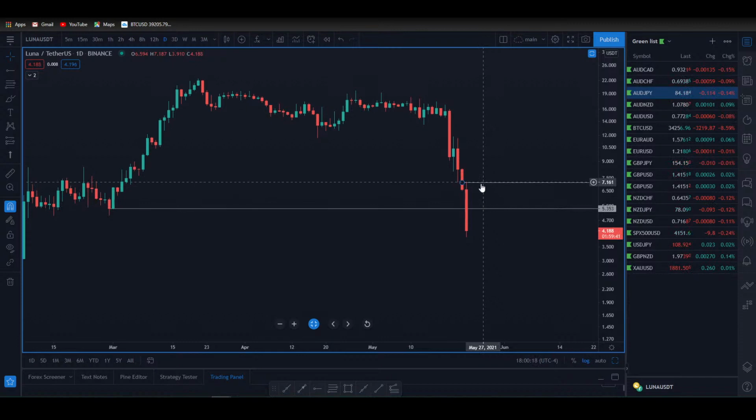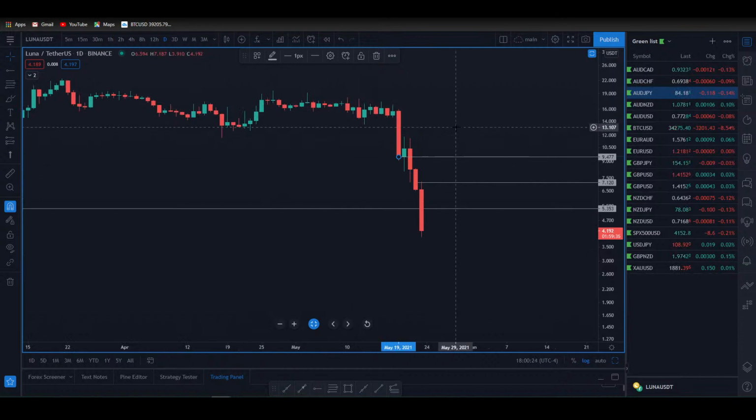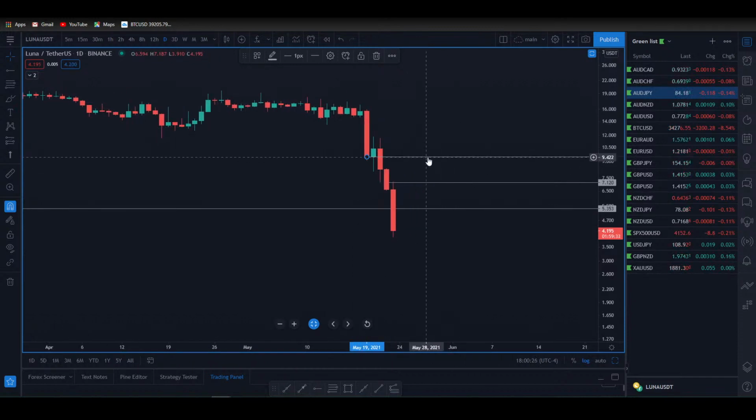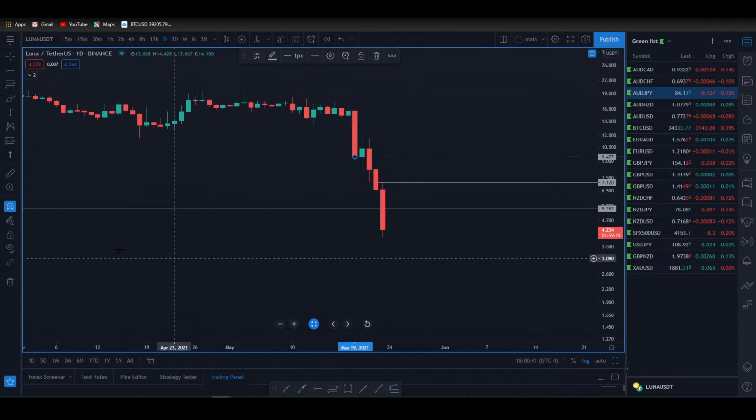Look for next areas of resistance, 7.12, and then a perfect daily level is all the way back up at 9.47, which if this asset's going to continue lower, that would be a fantastic risk to reward. There's a beautiful spot to throw your stop over, targeting this wick low, right? That makes the risk reward way better if you wait for a pullback. It's extremely extended to the downside.